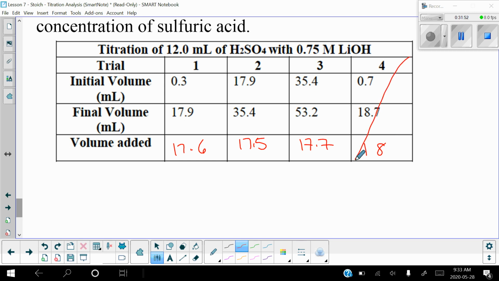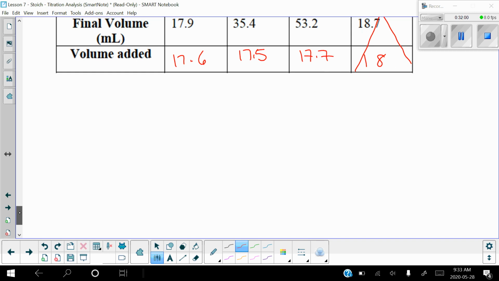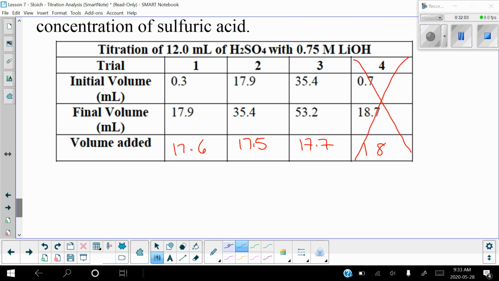Then you're going to ask yourself, is there any trials that need to be eliminated? Well, this 18 trial is so far away from the rest of them. It's beyond plus or minus 0.2, so I'm going to eliminate it. Then you're going to take your V average. Your V average, remember, is the same thing as your volume of titrant. You do that by adding the numbers together.